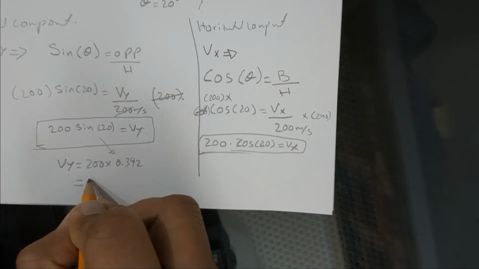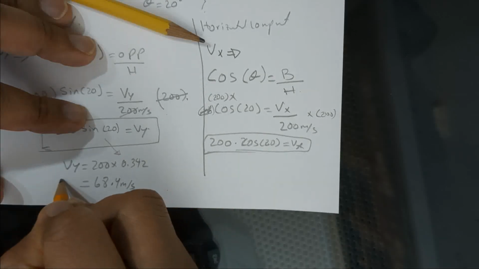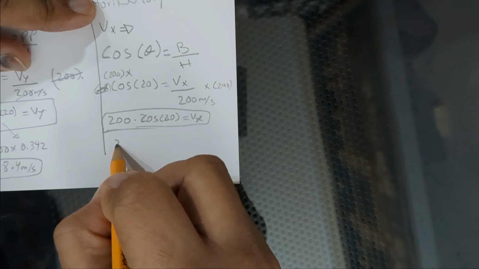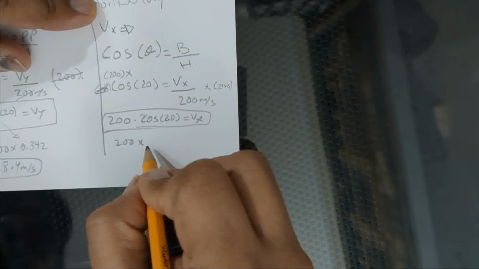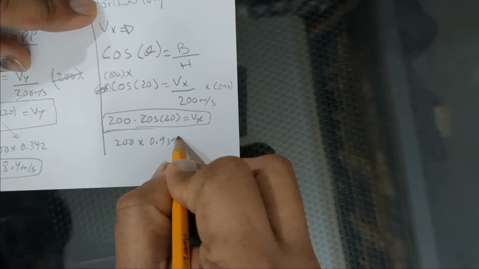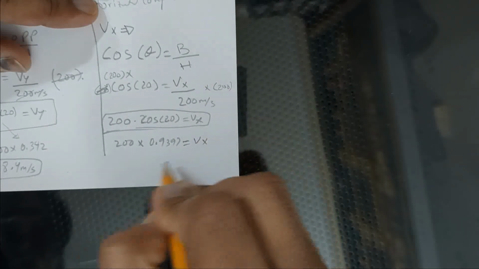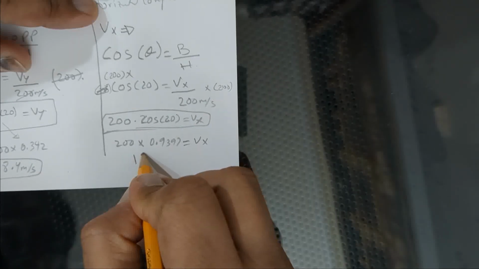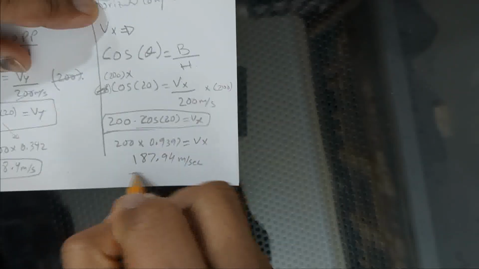It basically gives you 68.4 meters per second for your vertical component. Now for your horizontal component, let's solve this. You have 200 times cos of 20, which is equal to 0.9397, which if you multiply will give you 187.94 meters per second.